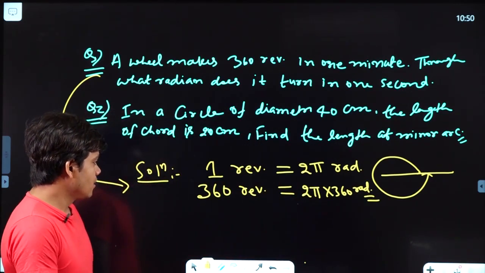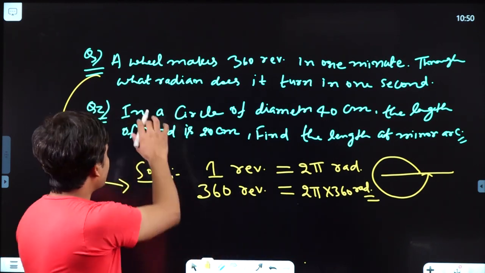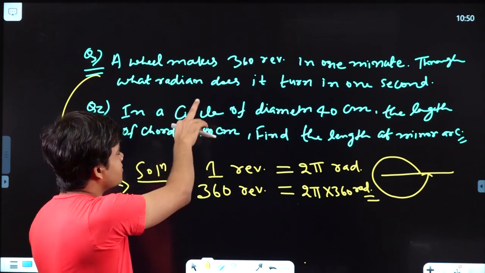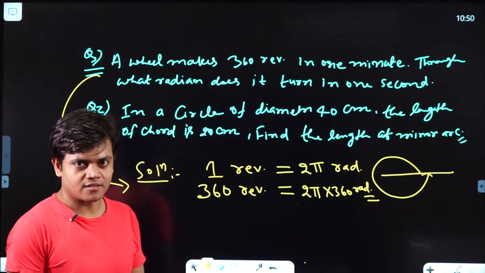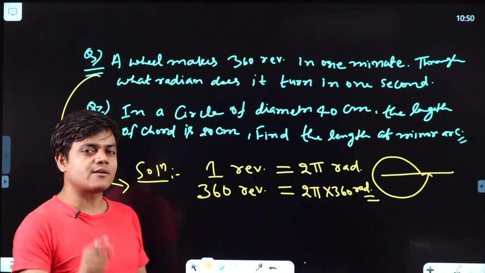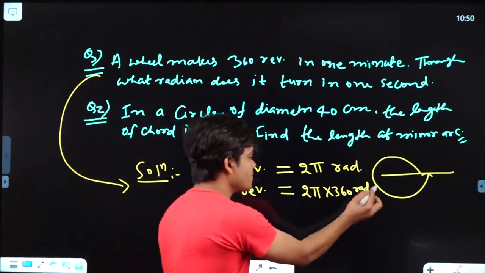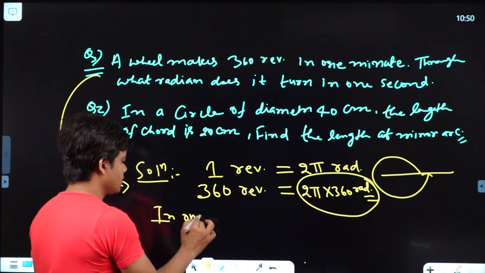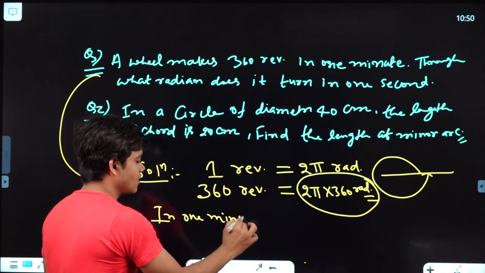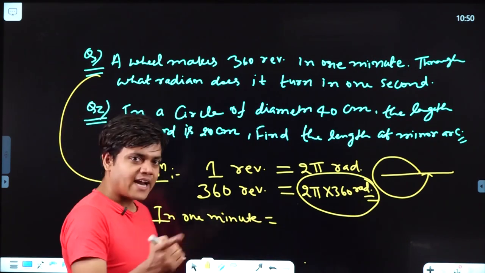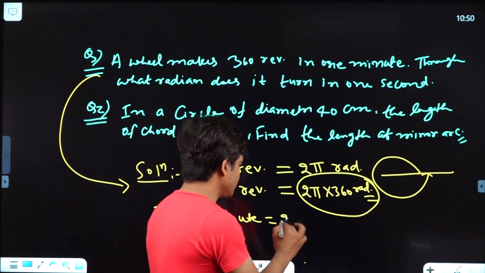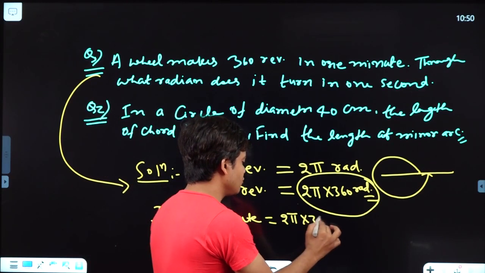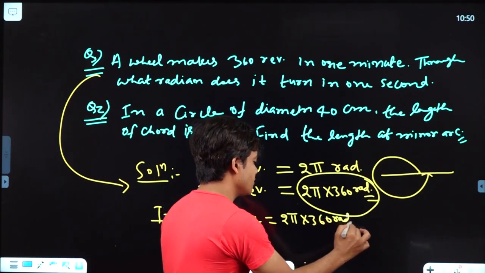And what is the question saying? A wheel makes 360 revolutions in 1 minute. So what angle has been subtended in 1 minute? In 1 minute, how many radian has the wheel turned? Certainly 2 pi into 360 radian.